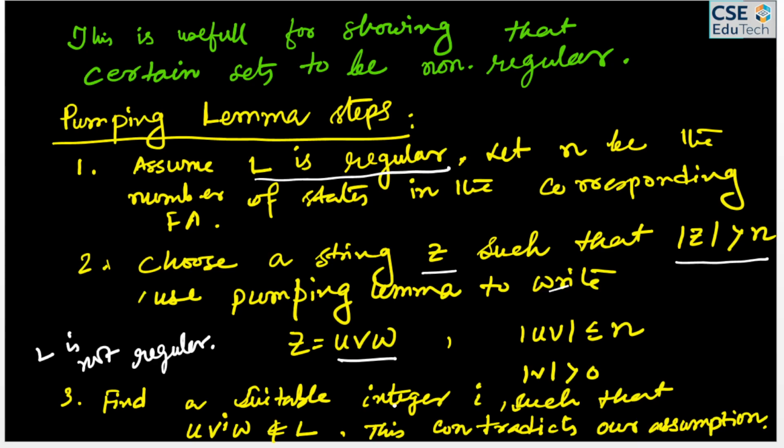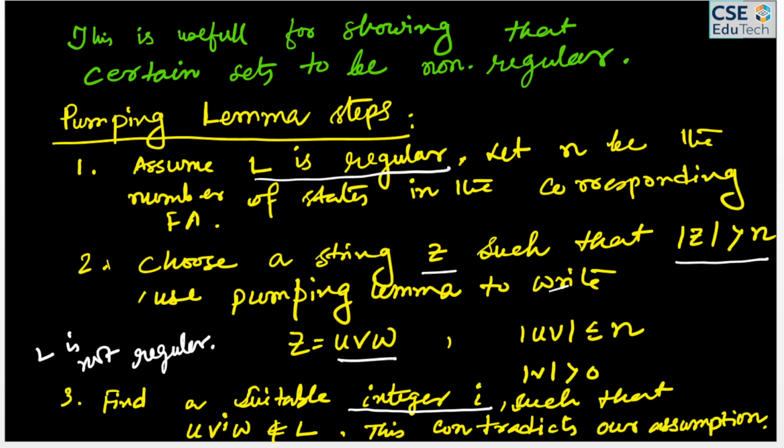Then we find a suitable integer i such that V to the power i W does not belong to L, and this is the contradiction of our assumption that L is regular. So we can say that L is not regular.